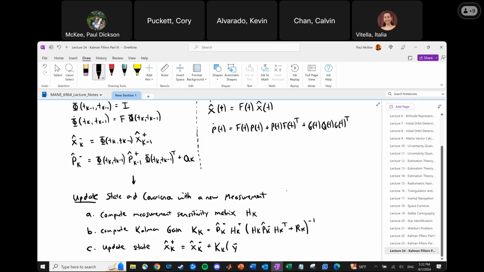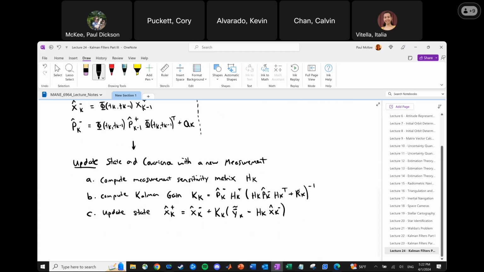And the residual is the difference between the measurement that we just got and Hk times xk minus. So our old state, the state that we have propagated to the current time, would predict this measurement. They are different. That's a residual. Residual times the Kalman gain plus the propagated state is the updated state. That's what this equation is saying in plain English.